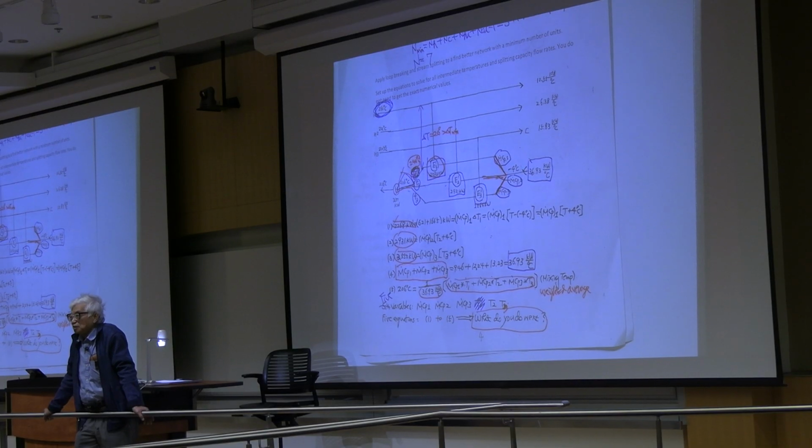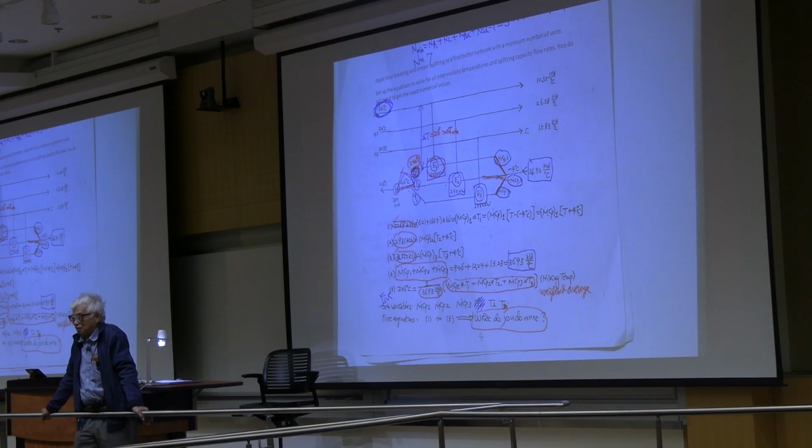Now, for this problem, you cannot change the number of stages. Column is fixed. Pressure is fixed. Okay? You're given the top temperature, bottom temperature. If you get a correct simulation, your temperature profile will match it.